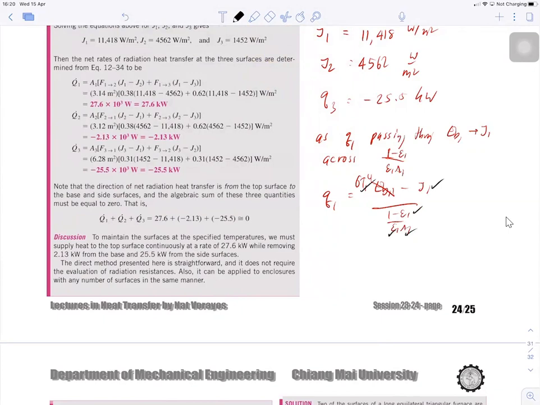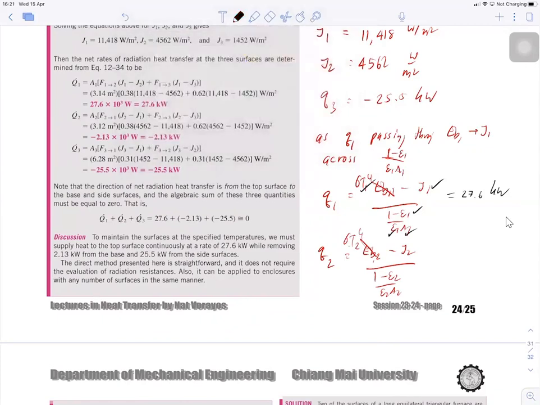Your Q1 would be something like 25.6 kilowatts. Then the same thing, Q2 goes across from EB2 minus J2 over (1 minus epsilon 2) over epsilon 2 A2, and EB2 equals sigma T2 to the fourth.